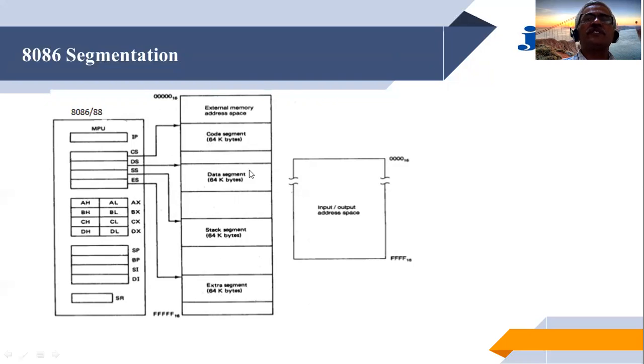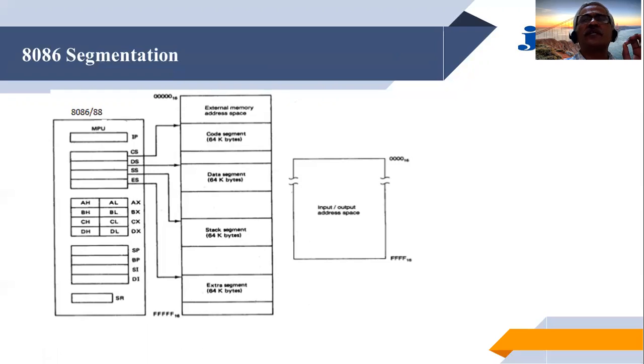So this is not a physical division of the memory, it is a logical division of the memory. And each of these segments, as we saw in one of the videos, can be overlapped segments or non-overlapped segments. But in any way, there are 4 active segments at any instant of time.